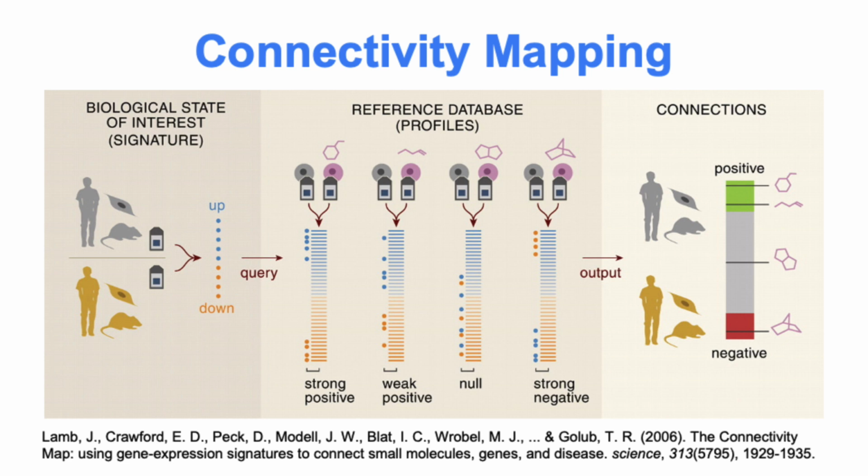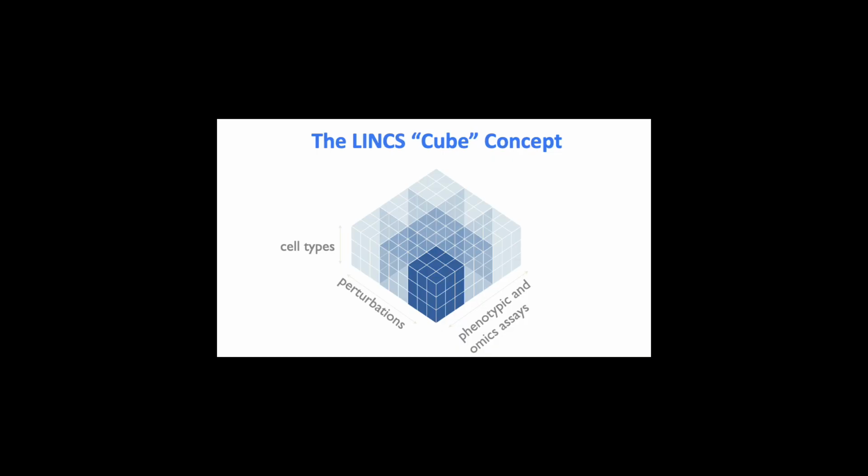And then the idea for LINCS was to really expand on this idea. So the LINCS cube is this concept of having many, many perturbations. Again, those could be chemical, genetic, microenvironments. And then you apply those perturbations to different cell types.